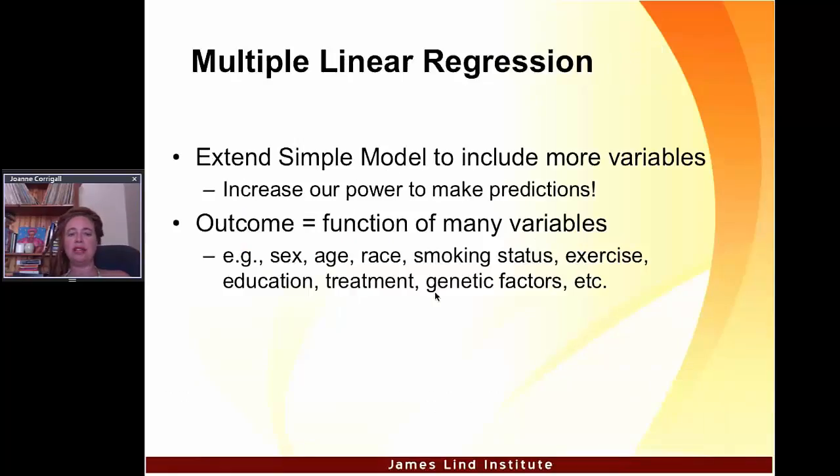We extend our simple model to include more variables, and much like that example with the length of the baby related to gestational age and birth weight, we use these models to predict, okay, if somebody smokes and doesn't exercise and has a genetic predisposition, then their likelihood of getting this disease is X.